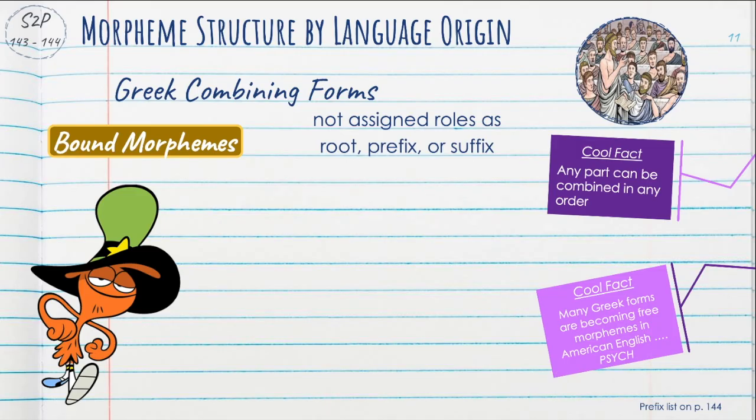A good example I can think of is graph. Graph is an original Greek combining form that would be something like autobiography or biography. And it meant writing at that point. And when you're using it as that Greek combining form, it means writing. But now we have in American English graph and graphing, which is still a written representation of numerical data.